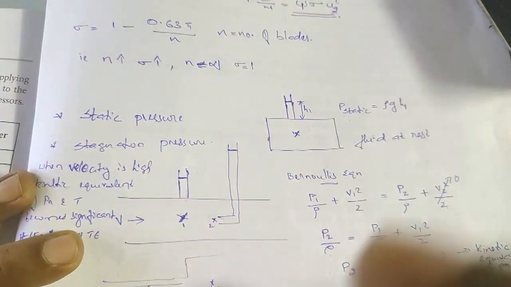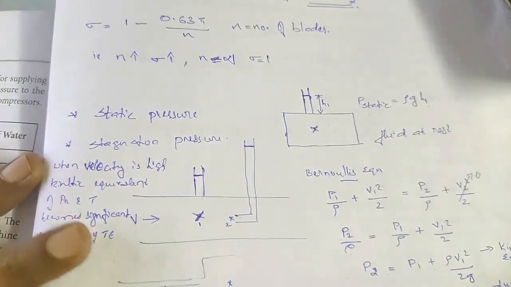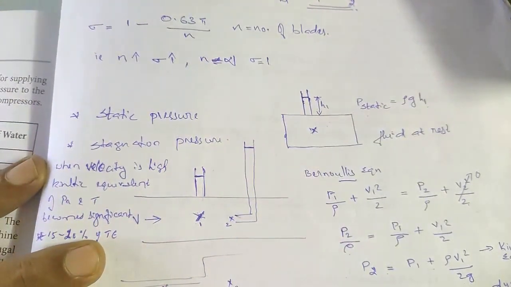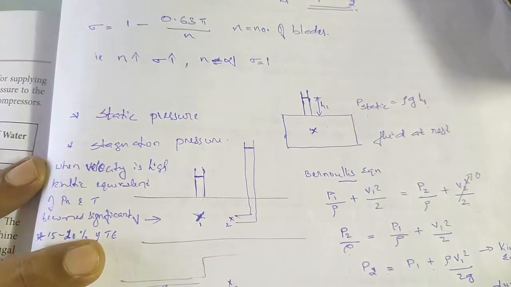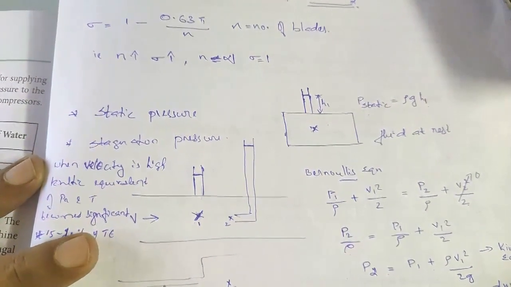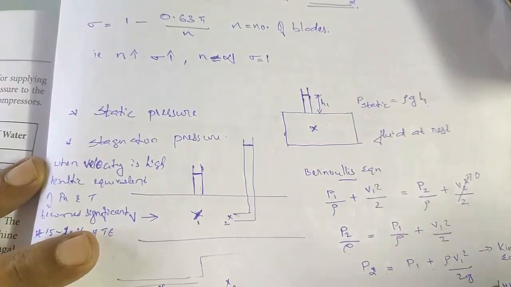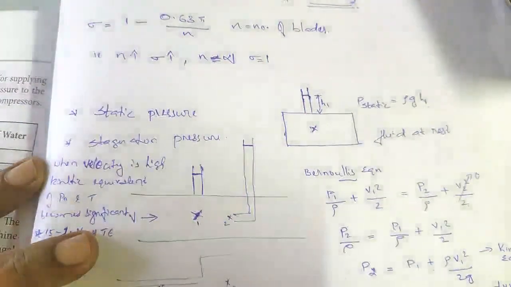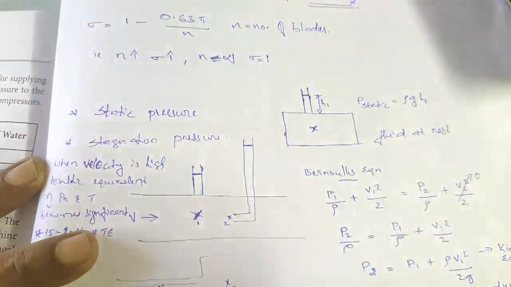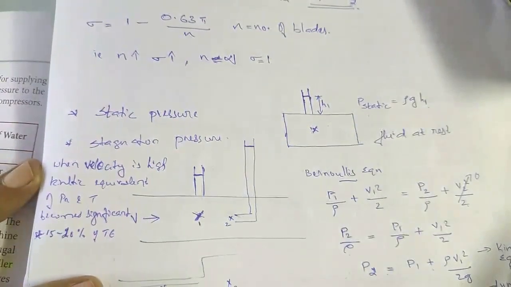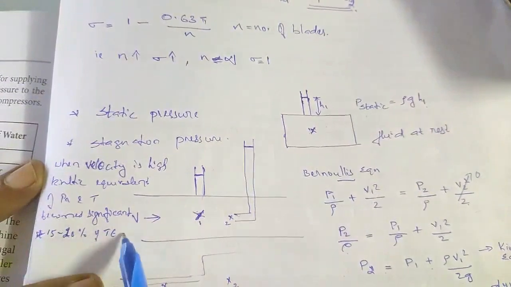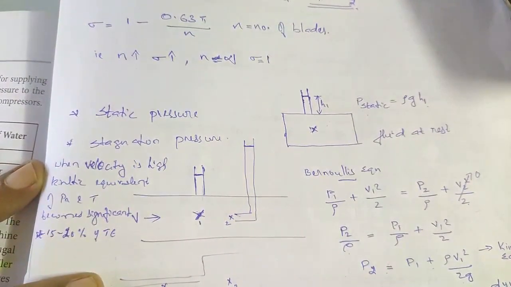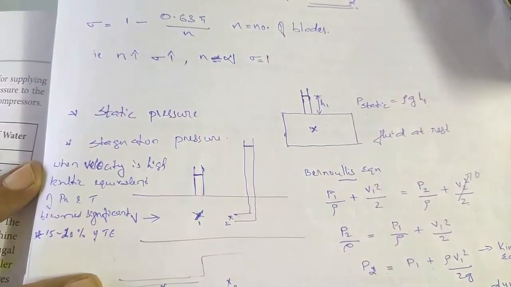But because of the velocity of the fluid, there will be a kinetic equivalent of pressure and temperature for that fluid. When the velocity of the fluid is considerably high, this kinetic equivalent of pressure or temperature will be a considerable amount. For example, it may be up to 15 to 20% of the total energy of the fluid. So we cannot neglect that kinetic equivalent.